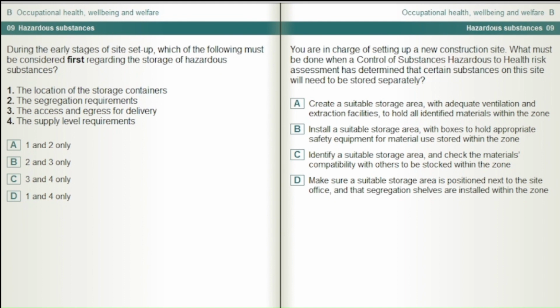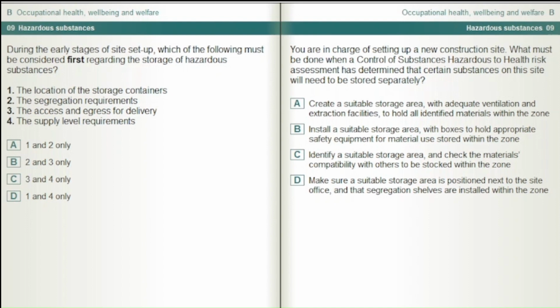You are in charge of setting up a new construction site. What must be done when a control of substances hazardous to health risk assessment has determined that certain substances on this site will need to be stored separately? Create a suitable storage area with adequate ventilation and extraction facilities to hold all identified materials within the zone.